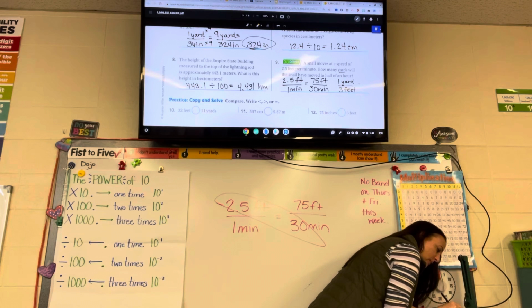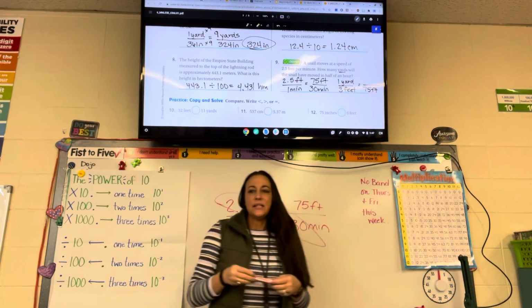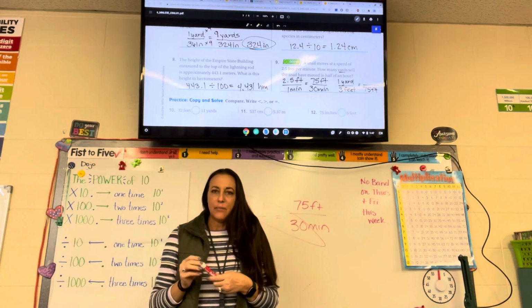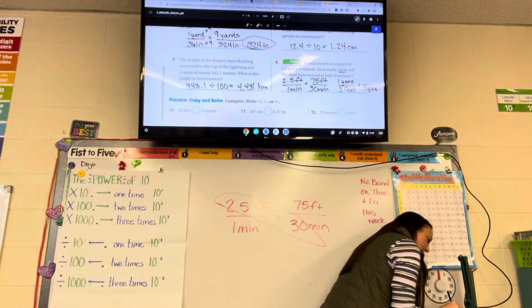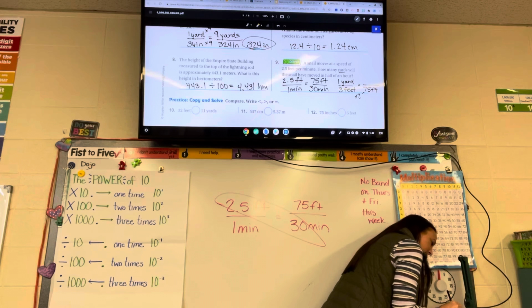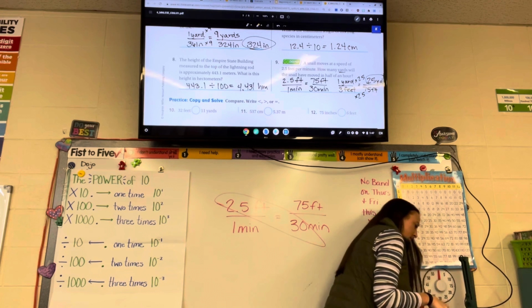But we're going 75 feet. So what do you multiply 3 times to get 75? Think about money. 25. And if you do it to the bottom, so 1 times 25 is 25. So that's the answer, 25 yards.